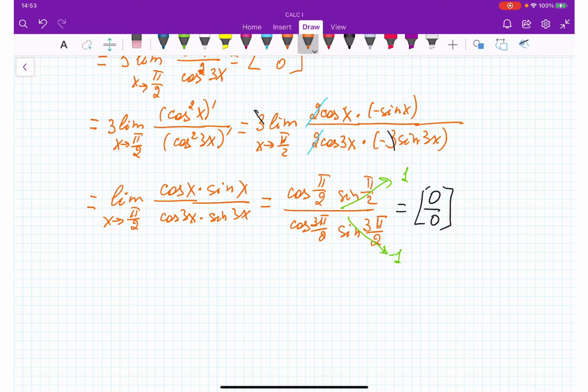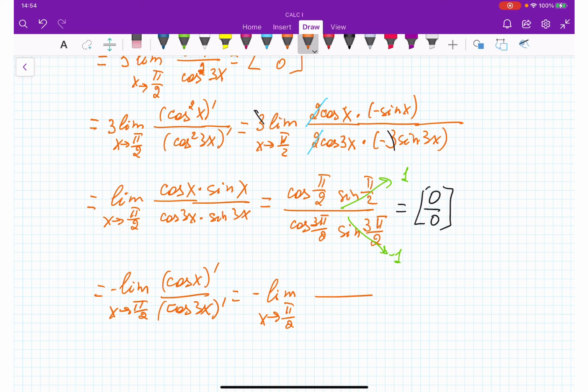Equal to negative limit. I'm taking x approaches half a pi. This is going to be cosine x prime over cosine 3x prime, equal to negative limit as x approaches half a pi. Derivative of cosine is... Wait, this negative.